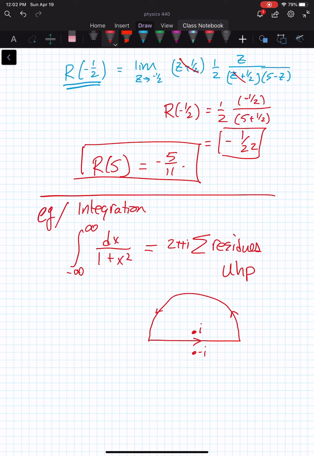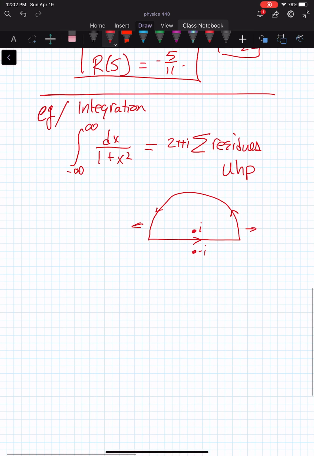We're going to make this go out to infinity, but this captures our pole. We know, just from inspection, that there are simple poles at z equals i and z equals minus i.